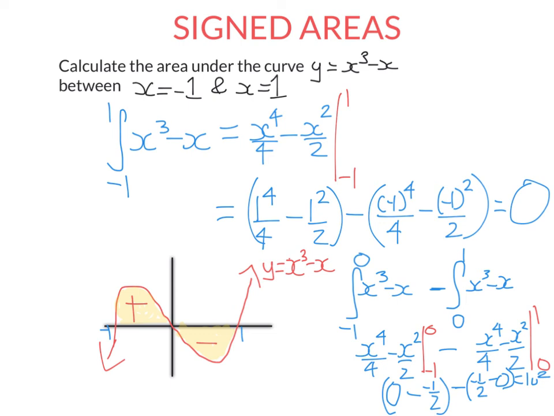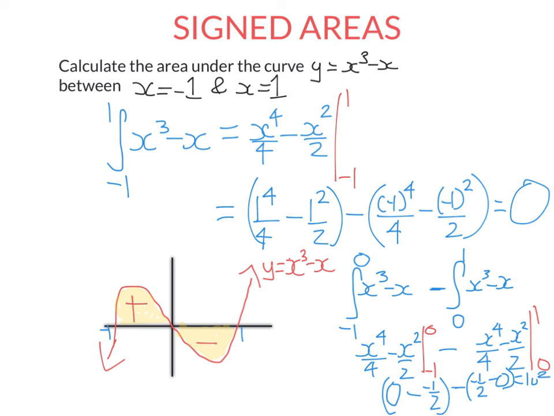When you're finding areas, you need to know when the curve is above or below the x-axis. But don't worry, you don't have to do heaps of algebra. You can use your graphics calculator. If you've got a function like this one and you're not sure when it is above or below the axis, before you do any working out, put it into your graphics calculator.